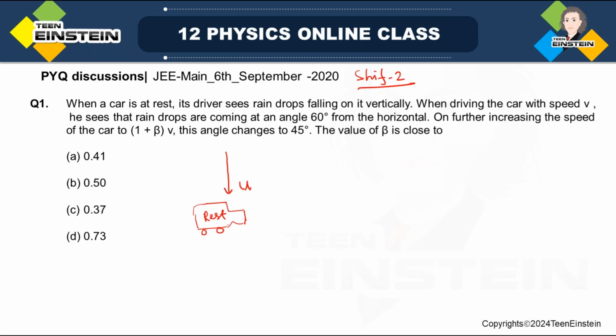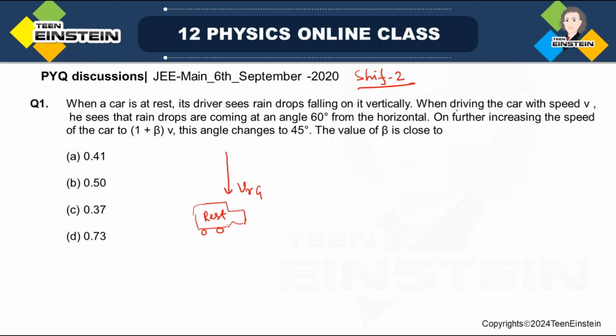Let us say the speed of that is some v rain. Since the car is at rest, this velocity v rain is with respect to ground.